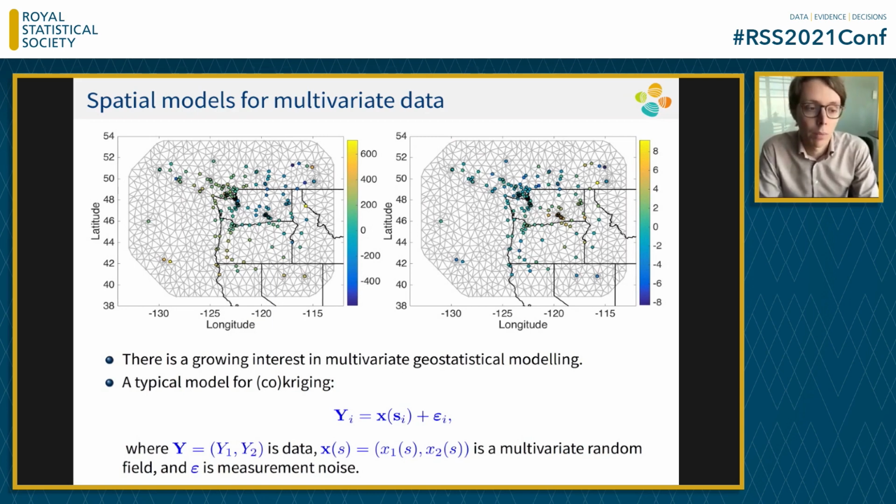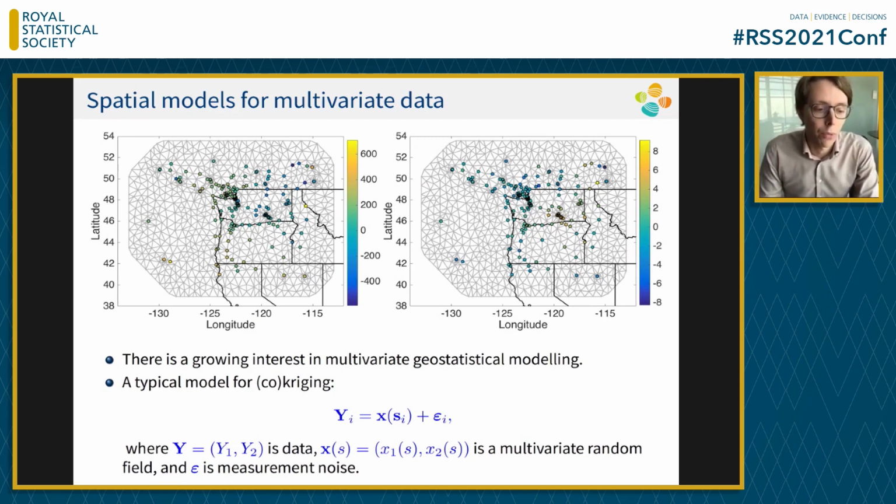You can see an example here where we have bivariate observations of temperature and pressure data. You have the temperature here on the left, where the mean value has been subtracted, and the pressure on the right. A common task would be that we would like to do some kind of co-kriging of this observation, so we would like to do spatial interpolation.